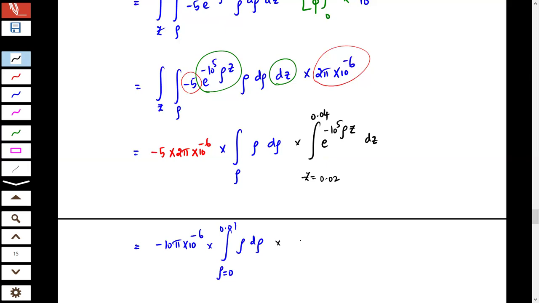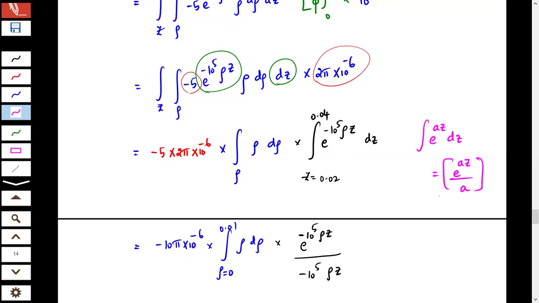So exponential of function of z is same, e power minus 10 power 5 rho z divided by minus 10 power 5 rho. This is the integration of this. So I can give the integration formula. Integration e power az dz will be equal to e power az divided by a. So this is how the integration should be done for this function.